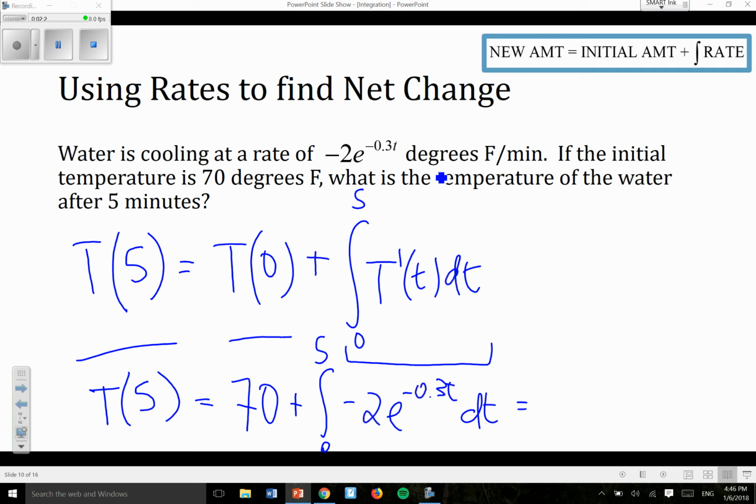You can do that using Math 9 on your calculator and get that the temperature is 64.82 degrees Fahrenheit, which makes sense. If water's cooling, it's about 5 degrees cooler after 5 minutes. Make sure that you understand how to find a net change using the fundamental theorem of calculus. That's really important.